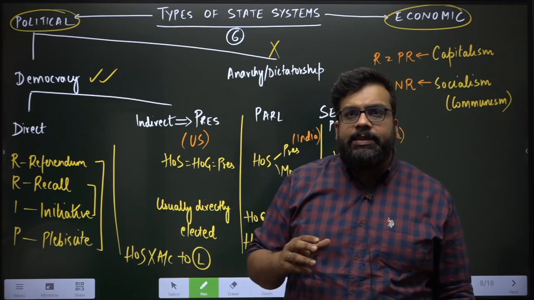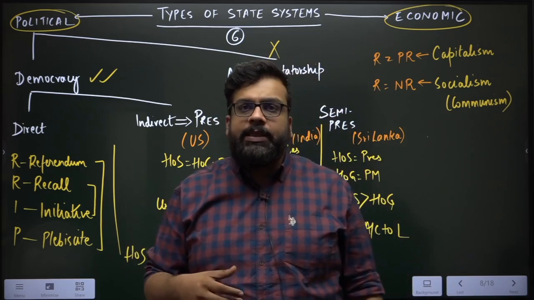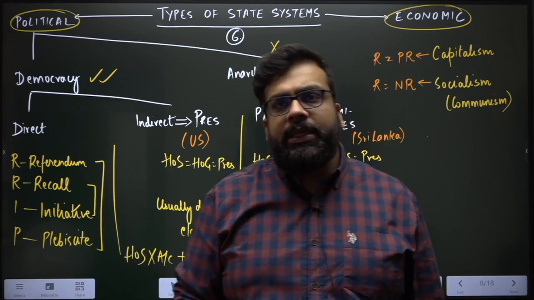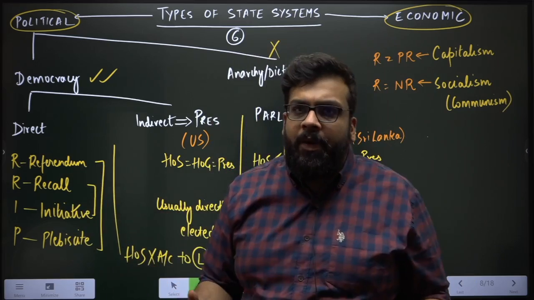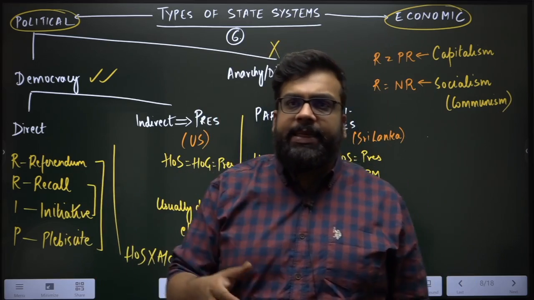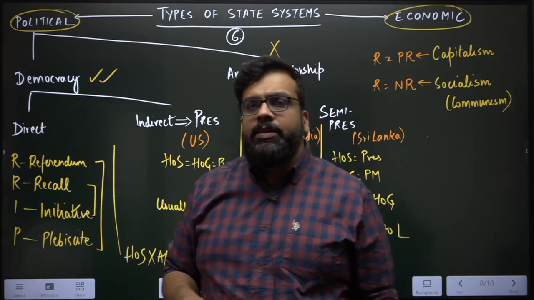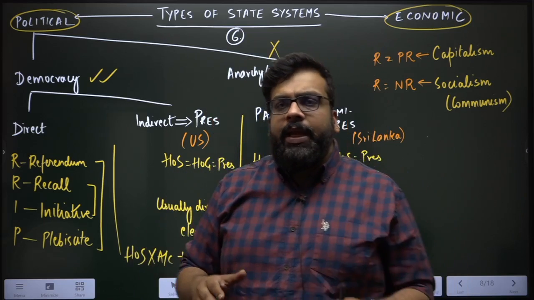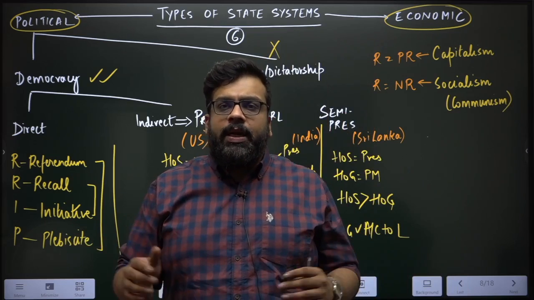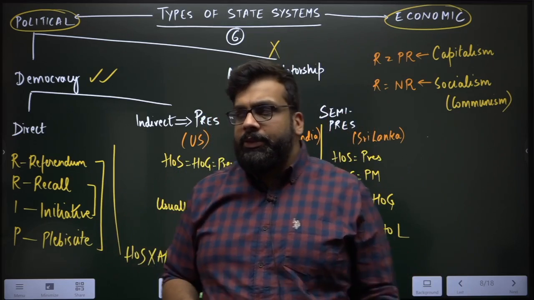This of course is a volume issue. This of course has certain logistical constraints, which is why you will not see this in rampant form across the world, and of course in India. In India we do have certain forms of this in a very limited manner, but we don't have a fully fledged direct democracy, so to speak.